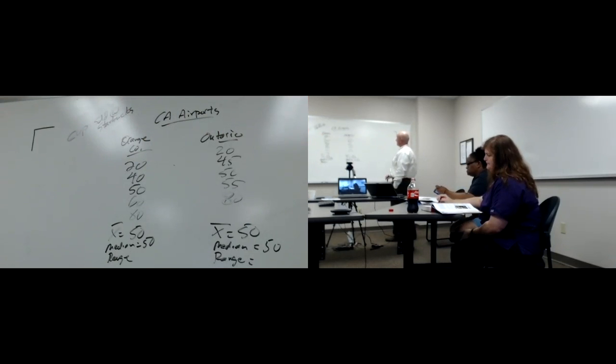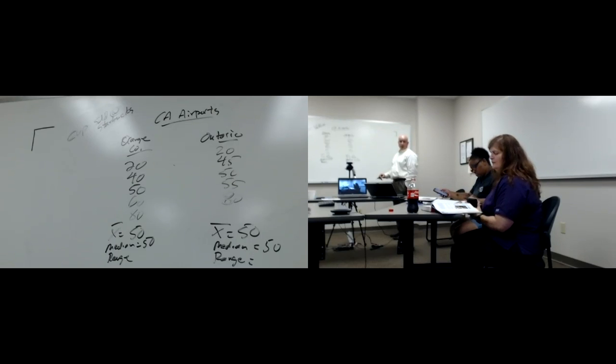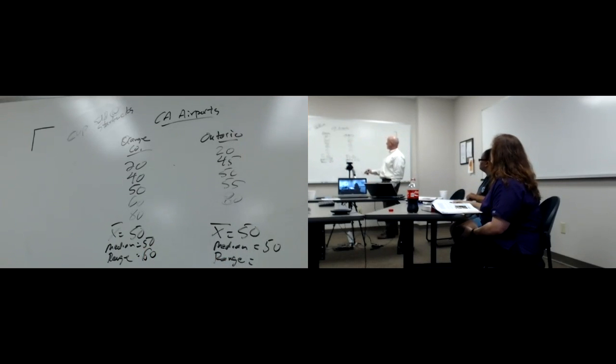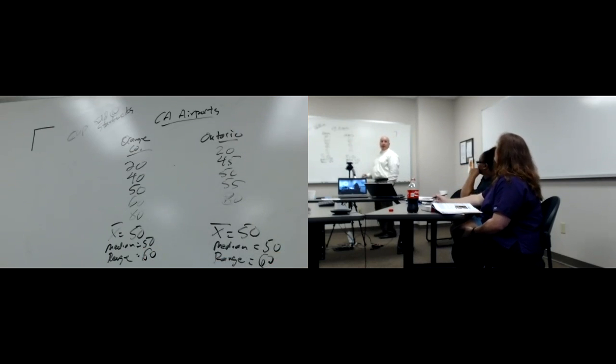And what's the range? Minimum to maximum, 20 to 80. So my range would be 60. And my range over here, the same, 20 to 80, 60. All right, now the variance.